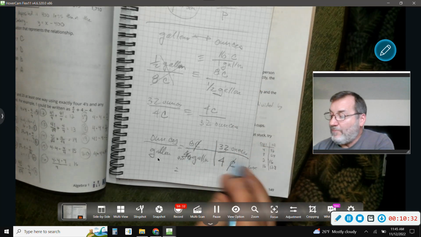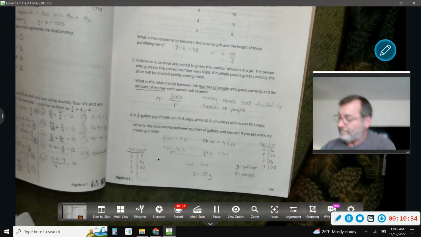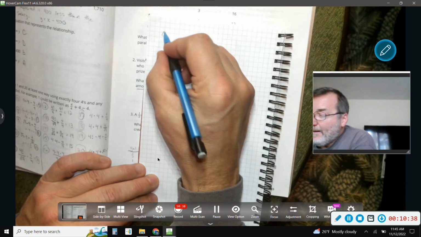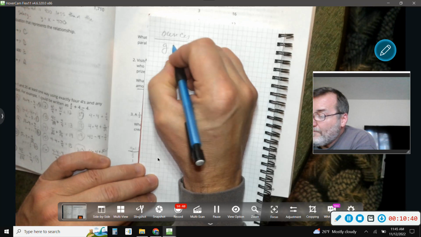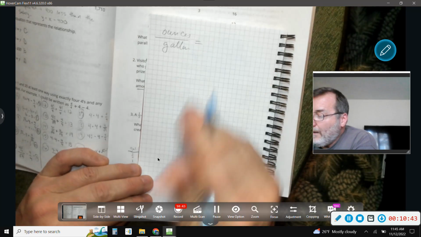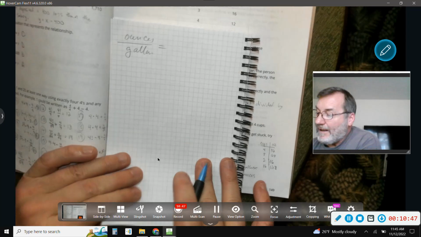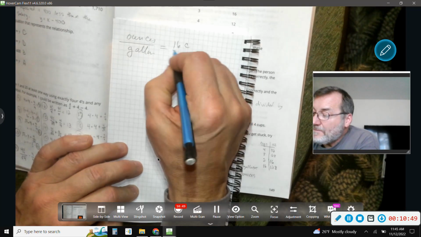So that's the same thing as saying 16 cups in a gallon as opposed to 8 in a half. So if you want to put it in like this, ounces per gallon, I just got done figuring out that there's 16 cups per 1 gallon. So 16 cups for 1 gallon.